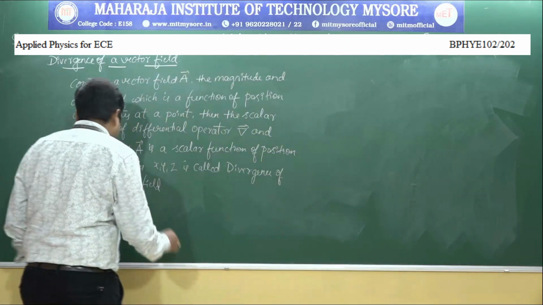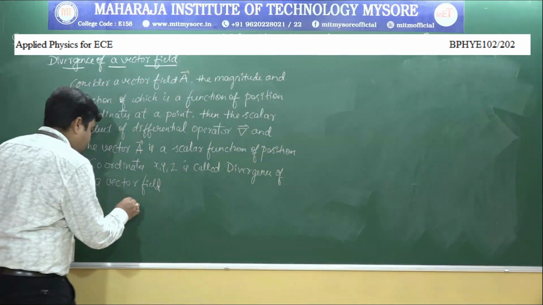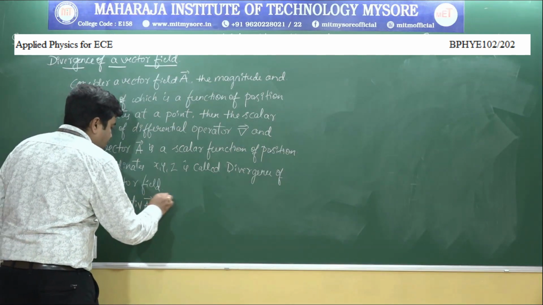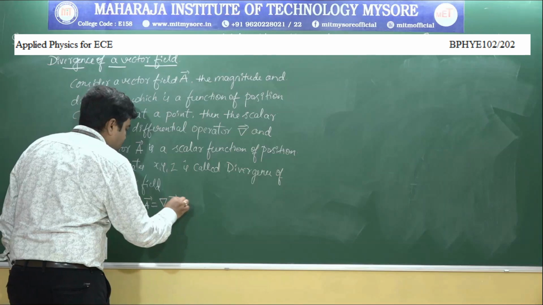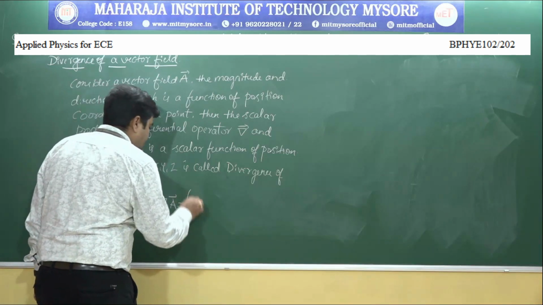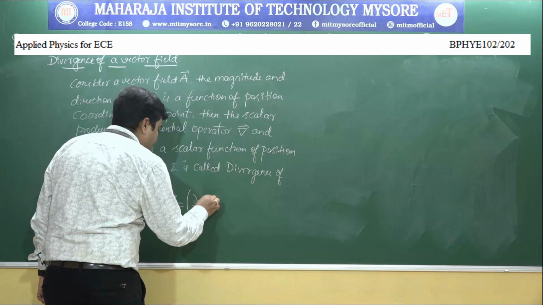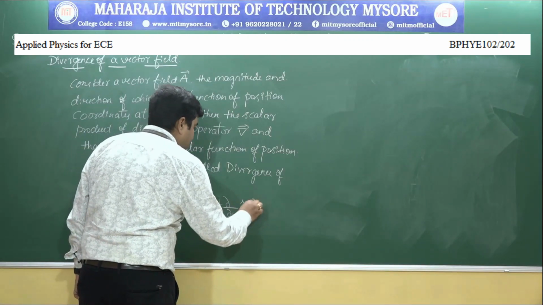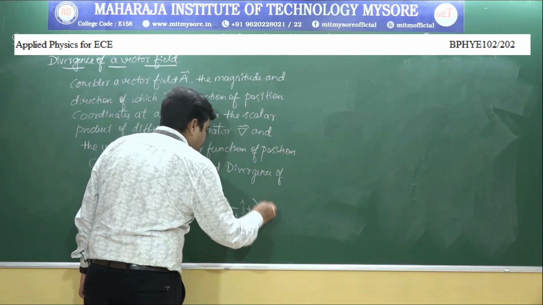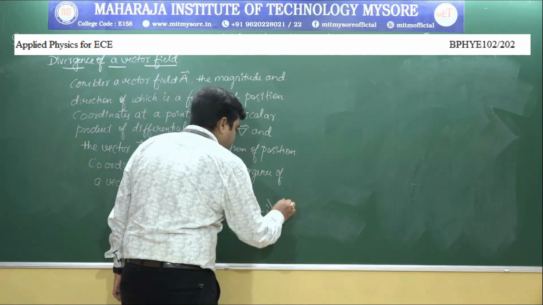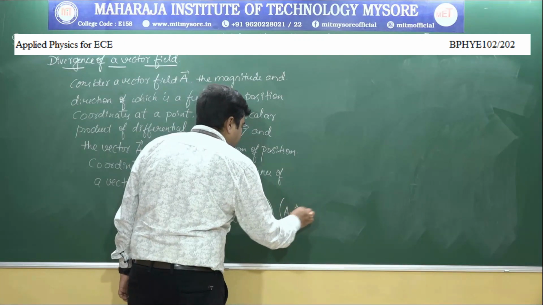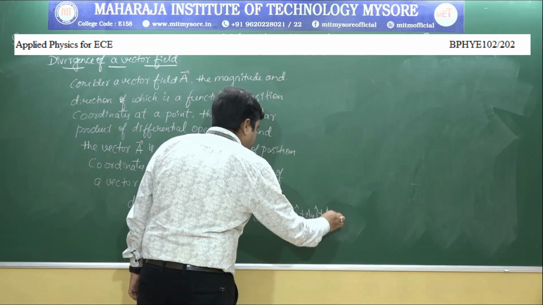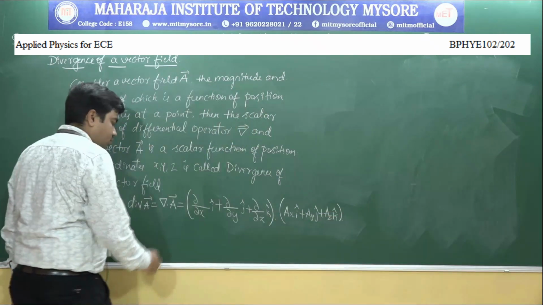You can write it as div A, or it can also be written as del dot A is equal to dou by dou x into i cap plus dou by dou y into j cap plus dou by dou z into k cap, dot ax into i cap plus ay into j cap plus az into k cap.